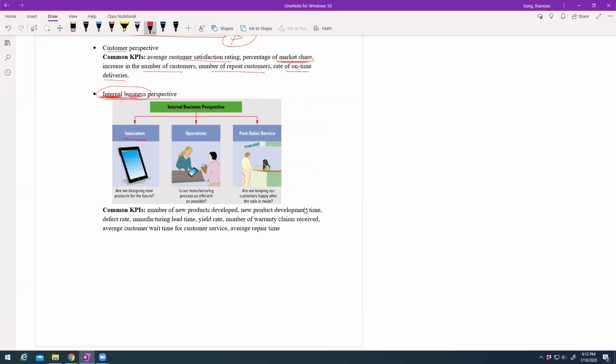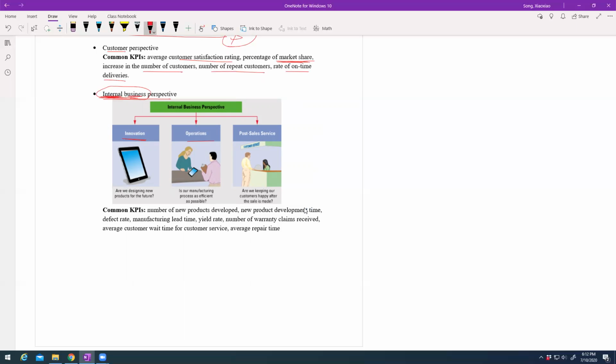Second, your day-to-day operation: whether you produce your product as efficiently as you want to, whether you have defects. Third, the post-sale service: whether you keep your customers happy, the customer service hotline.